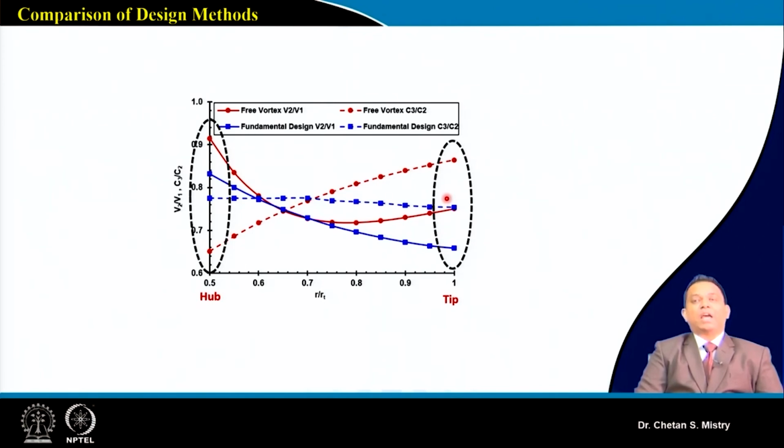But at the same time, the blade twist near the hub region is larger. For this design, our degree of reaction near the hub region was reasonably good. But in many designs where the hub diameter is smaller, there may be a possibility that the degree of reaction will go negative. So that care we need to take.